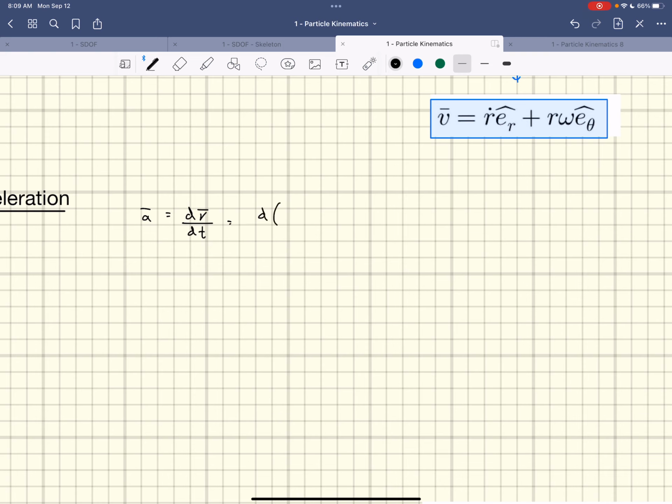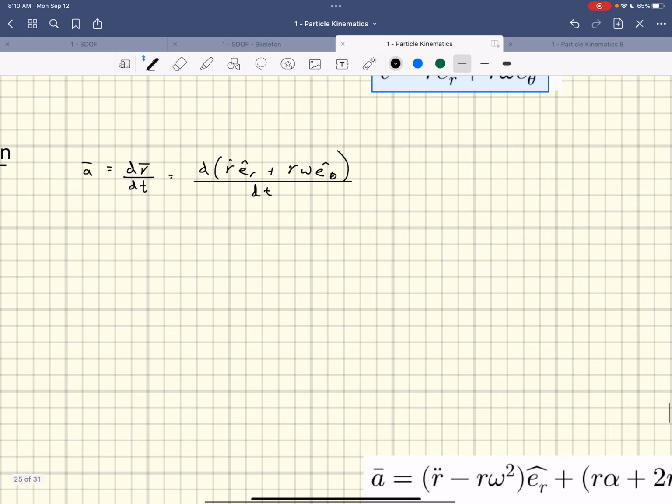We put this whole thing in it: r dot in the e_r direction plus r omega in the e_theta direction, d/dt. Okay, so take the derivative of that whole thing. We have to apply the product rule to this one and this one, so we're going to get four terms out of this. So let's go ahead and do that.